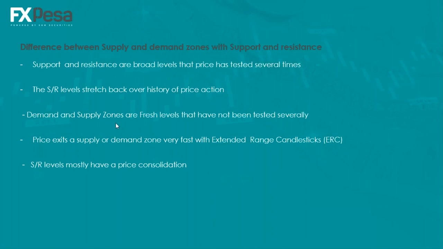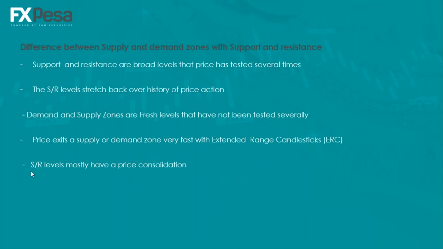So demand and supply zones are best if they are traded based on fresh zones. If these areas have not been retested, then a fresh zone or the first retest would offer you the best results. Price exits supply and demand zones very fast with extended range candlesticks.